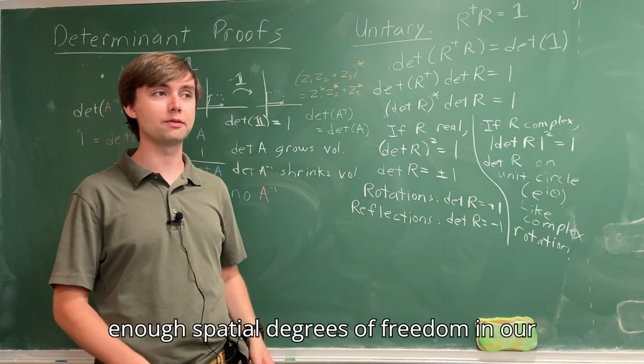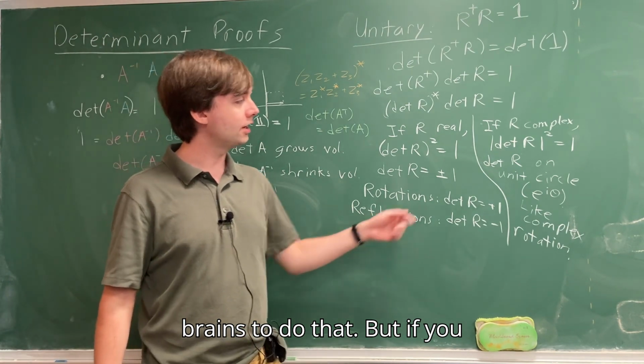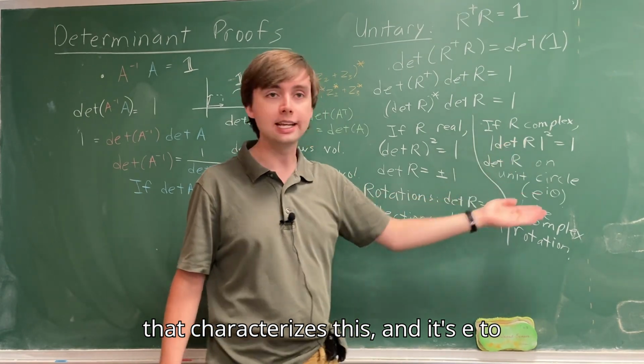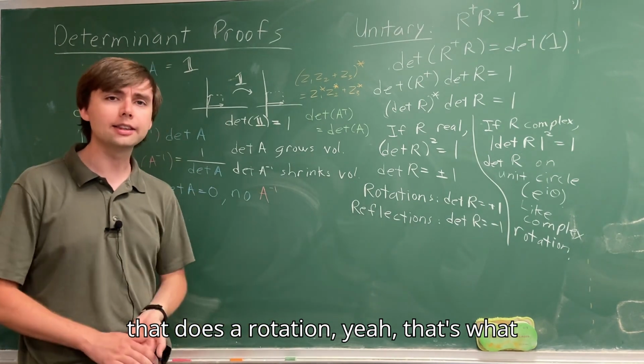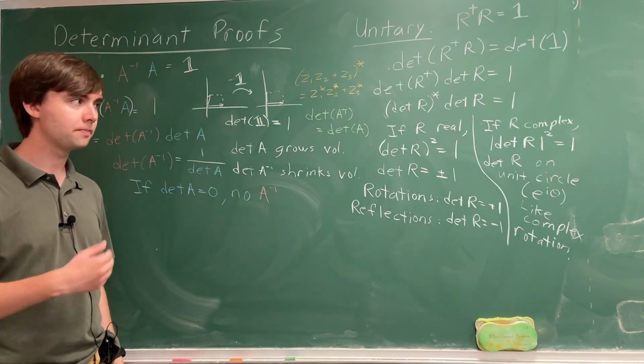We just don't have enough spatial degrees of freedom in our brains to do that. But if you say, I'm just going to have one number that characterizes this, and it's e to the i theta, and it's one complex number that does a rotation, yeah, that's what you would have guessed. That's what a complex rotation should do.